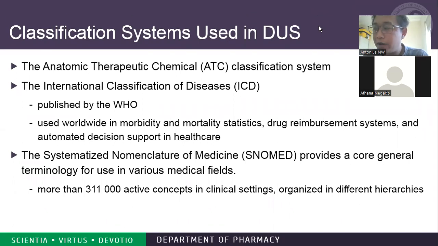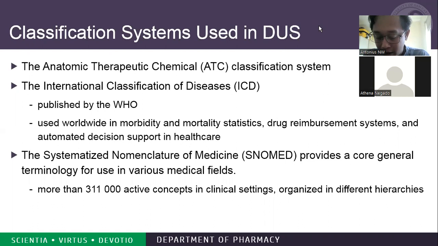If we want to narrow our research to a certain disease, then we can define the disease using the ICD. In Indonesia, I learned that a lot of hospitals already adopt the ICD in their system.